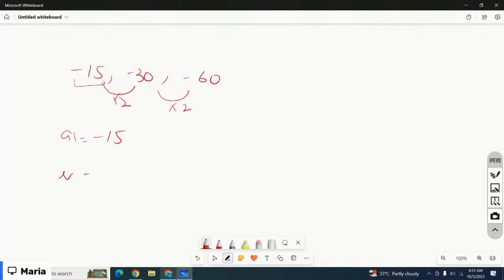That means the common difference r is 2. The common ratio, not difference, right? So the nth term is a_n = a_1 · r^(n-1). So a_1 is -15, r is 2, and the exponent is n minus 1. So that would be -15 times 2 to the power n minus 1.